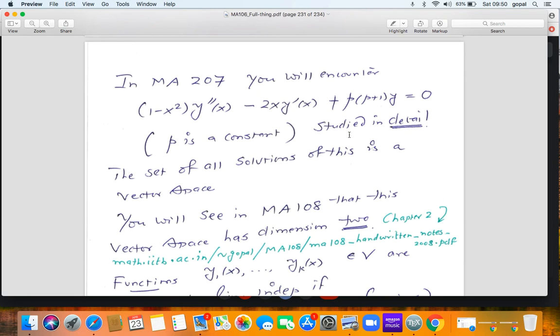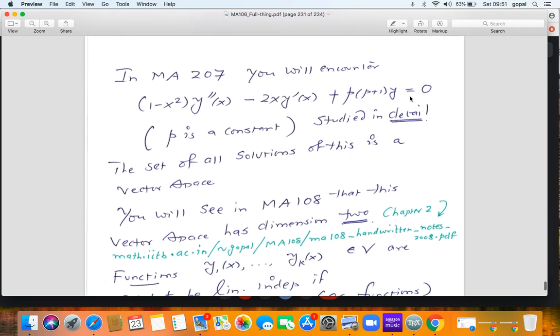Students of physics may recognize this as the Legendre equation. Now, p is a constant. The set of all solutions of this differential equation is a vector space. If y1 and y2 are two solutions, y1 plus y2 is also a solution. If y is a solution and alpha is a scalar, alpha y is also a solution. So the solutions of this differential equation form a vector space.